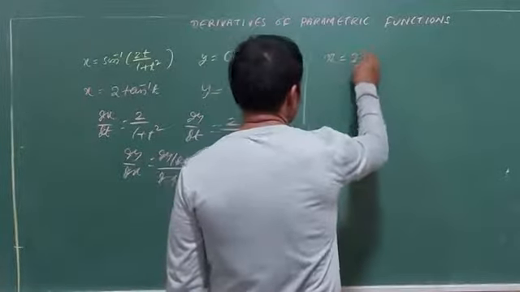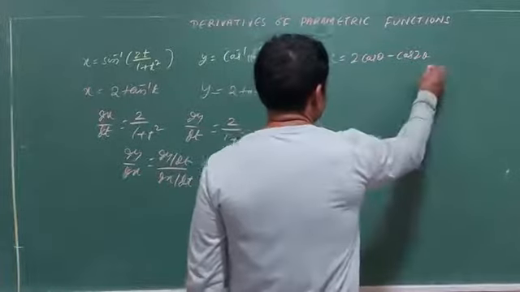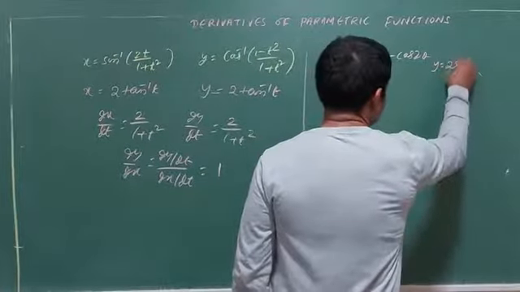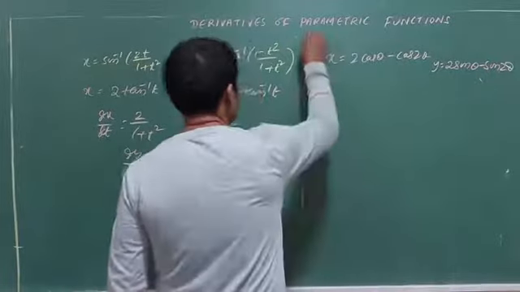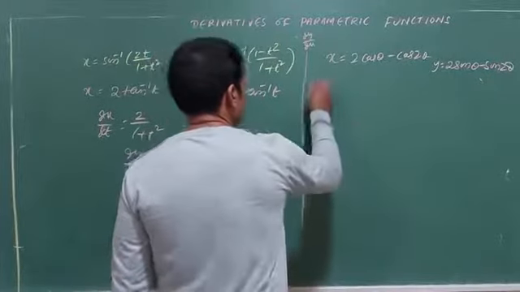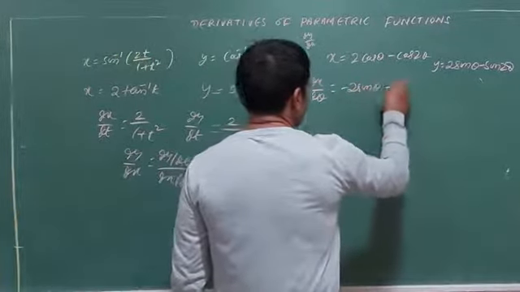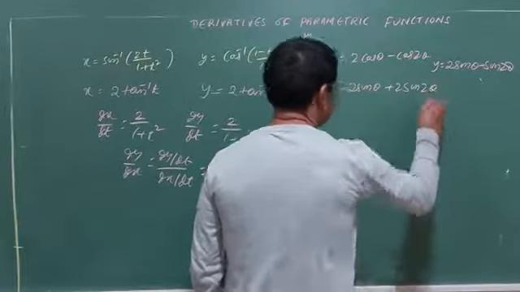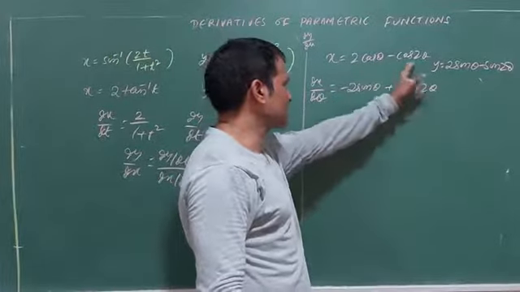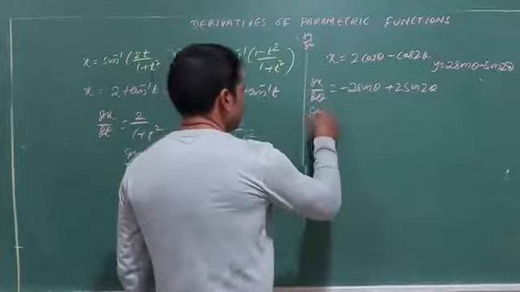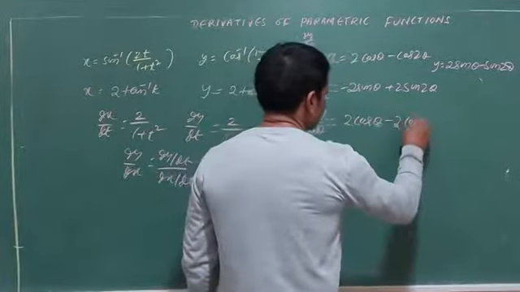x is equal to 2 cos theta minus cos 2 theta, and y is equal to 2 sin theta minus sin 2 theta. Find dy by dx. In all the cases you have to find dy by dx. So dx by d theta is minus 2 sin theta plus 2 sin 2 theta; the derivative of cos is minus sin, and of cos 2 theta is minus sin 2 theta into 2. dy by d theta is 2 cos theta minus 2 cos 2 theta.